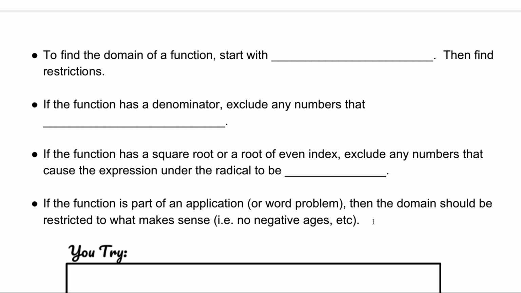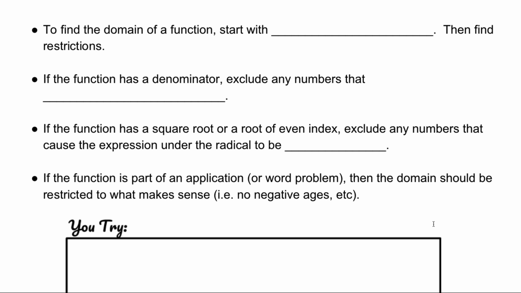Okay, so to recap, here are 4 important points to remember when you're thinking about finding the domain of a function. To find the domain of a function, you want to start with all real numbers. You're going to assume that everything works until you restrict things. So then we'll find the restrictions.